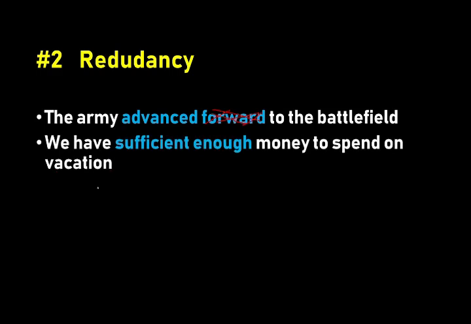Next is, we have sufficient enough money to spend on vacation. The words sufficient and enough are actually identical, so you don't have to use two words and make a redundancy in your sentence. Let me use for this example the word sufficient.